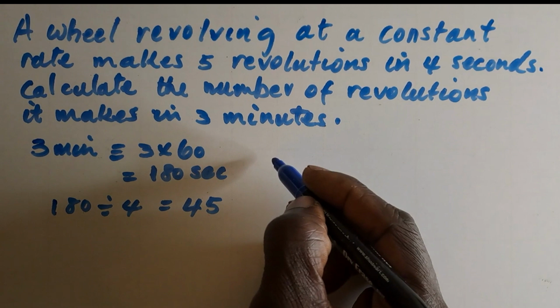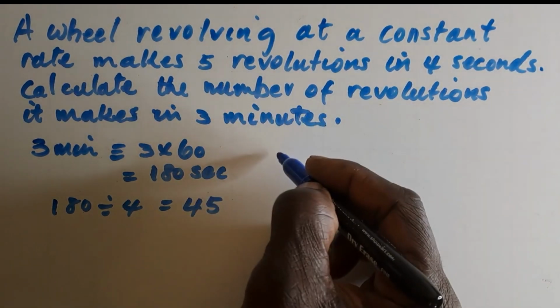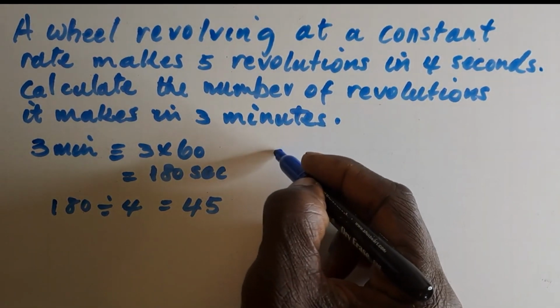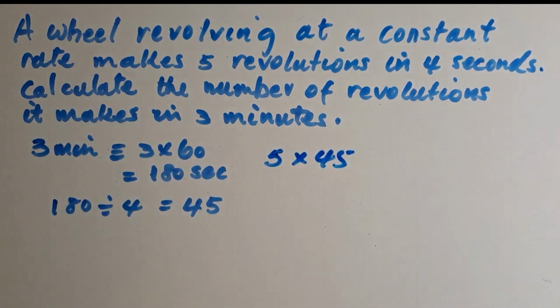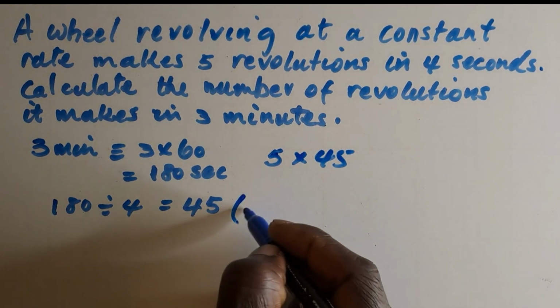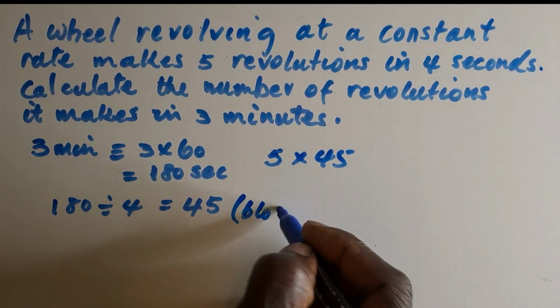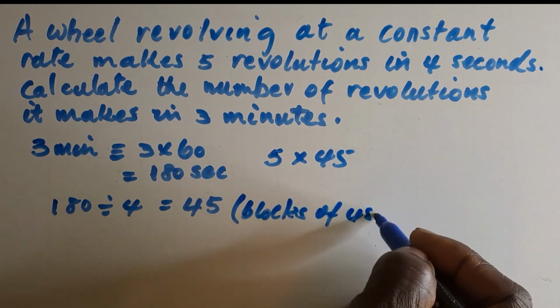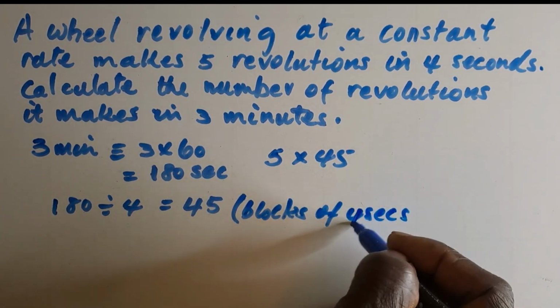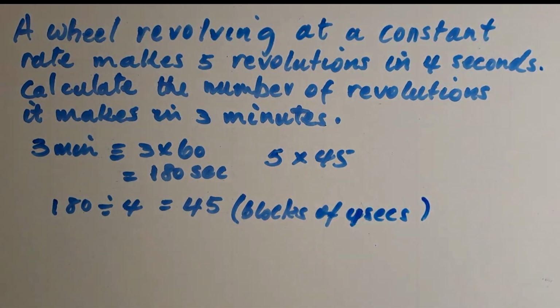So for 5 revolutions, we have 5 times 45, because we have 45 sets, let's say blocks of 4 seconds. Yes, let's write that clearly.